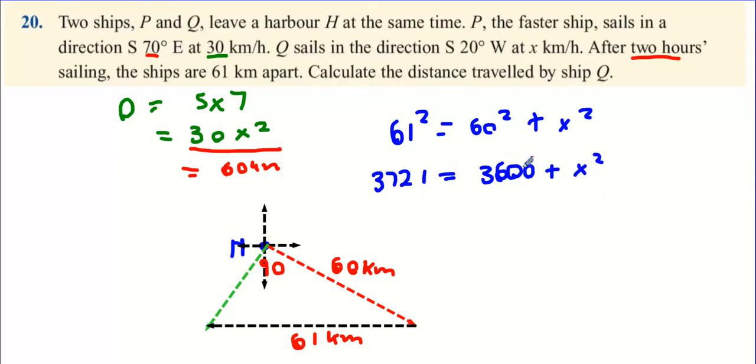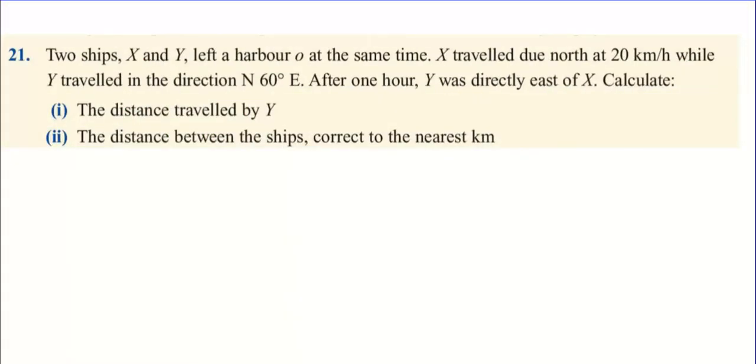Take away your 3,600 and you get 121. Square root that, and you get x equals 11 kilometers. So x traveled 11 kilometers while the other traveled 60 and there's 61 between them. Okay, that's 20 done. Let's have a look at 21.